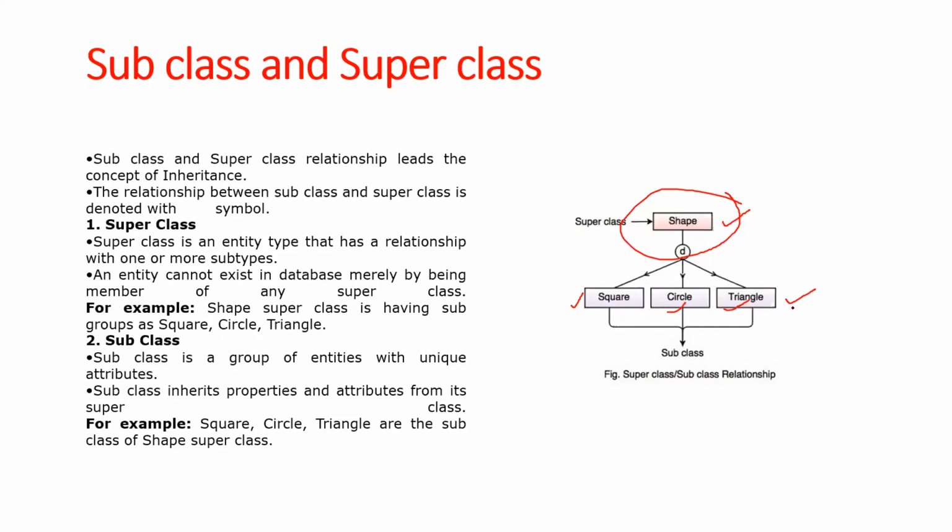Normally in the inheritance relationship, we call this a subclass, and this a superclass. So, the superclass and subclass relationship. We have to know the difference between superclass and subclass.